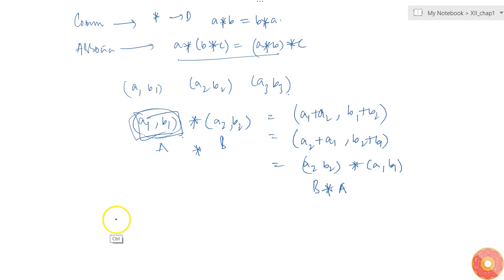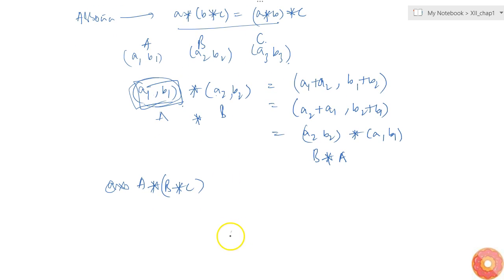Next, the associative property. So now we need a star (b star c), where I'm just calling these a, b and c. So now we get (a1, b1) outside, and b star c.